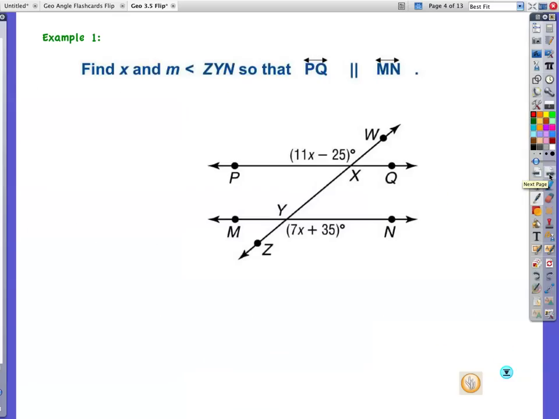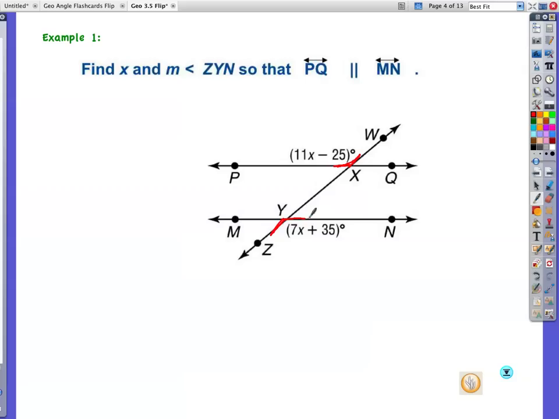And here we go. Find x and the measure of angle ZYN so that line PQ is parallel to line MN. So in other words, we're just looking at this angle right here and this angle right here, which are alternate exterior. And if I want these lines to be parallel, then those angles are going to have to be congruent.